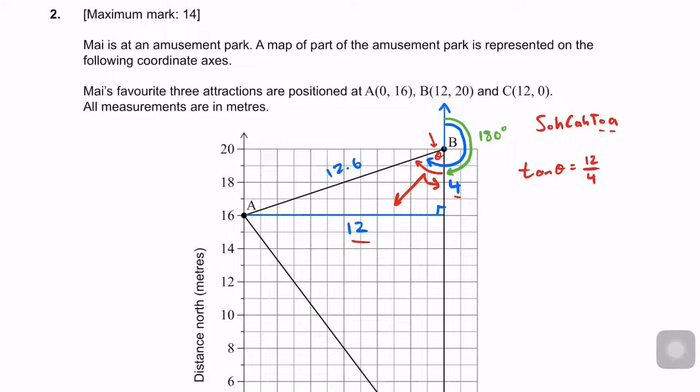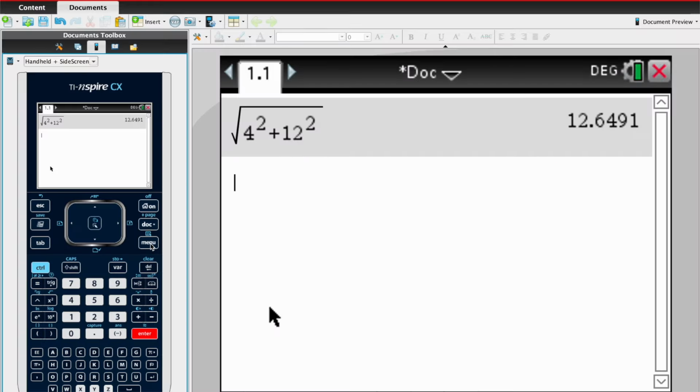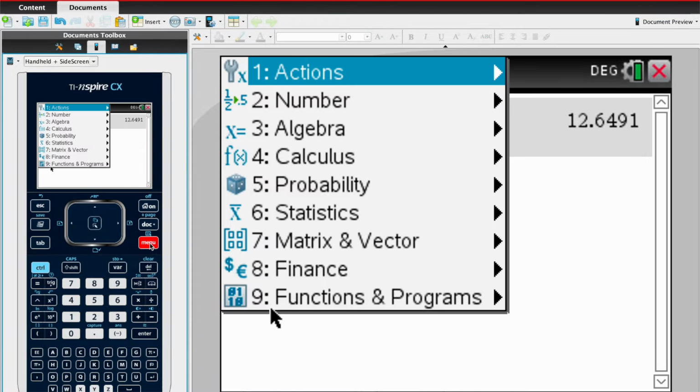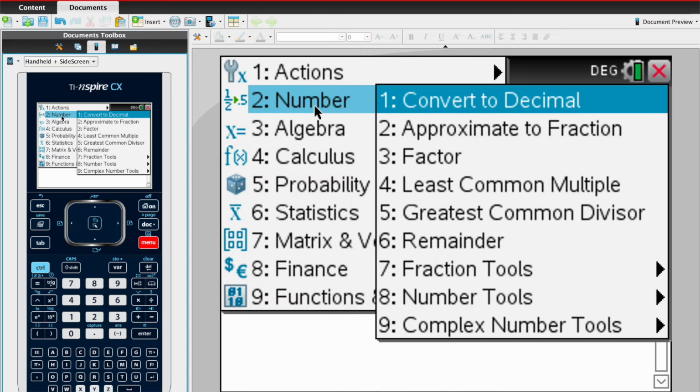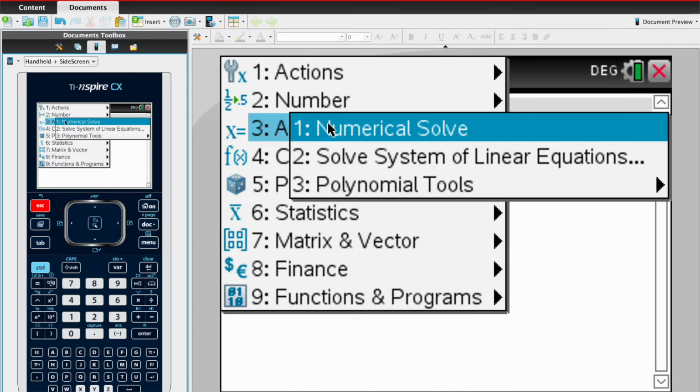You can go ahead and solve this, or a little more technically, we could take tan inverse of 12 over 4. I'm going to go back to the calculator, and I'll show you how to solve this just in case the inverse is a little intimidating.